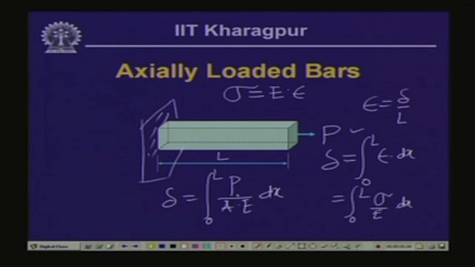Now, if P and cross sectional area are different, then we will get deformation different at different points.